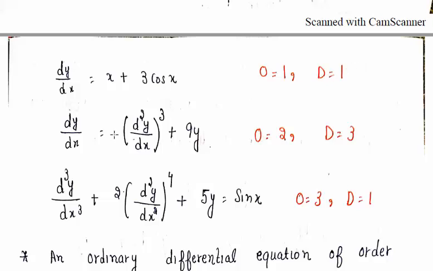Now we discuss the second example, dy over dx equals d square y over dx square whole cube plus 9y. The highest order derivative is 2, so order is 2, and the power of that is 3, so degree is 3.